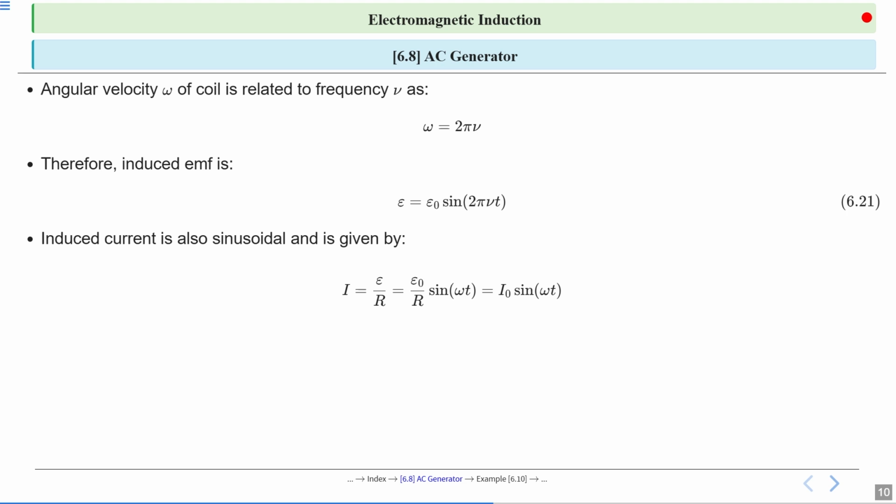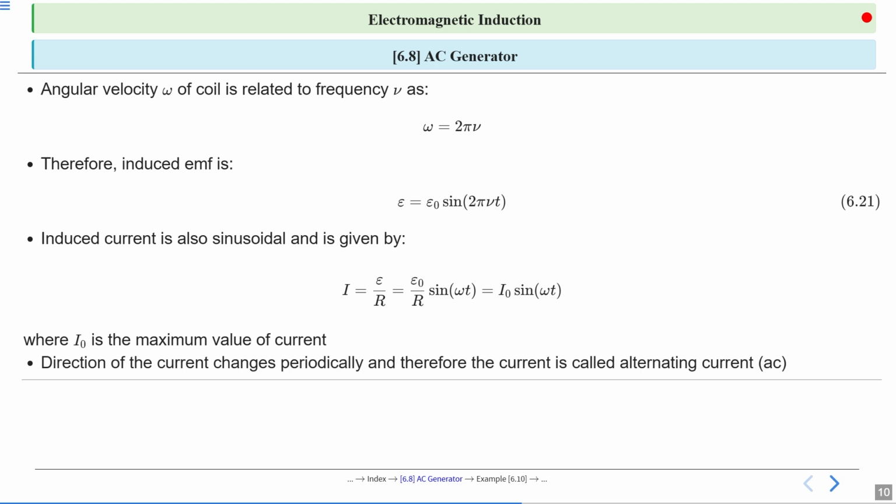So I is equal to I naught sin omega t. What is this I naught? This is the maximum value of induced current. Like epsilon naught is the maximum value of induced EMF, I naught is the maximum value of induced current.